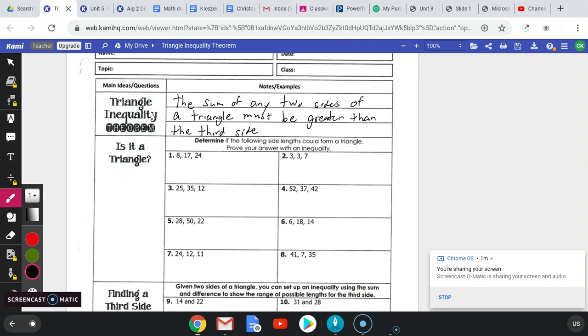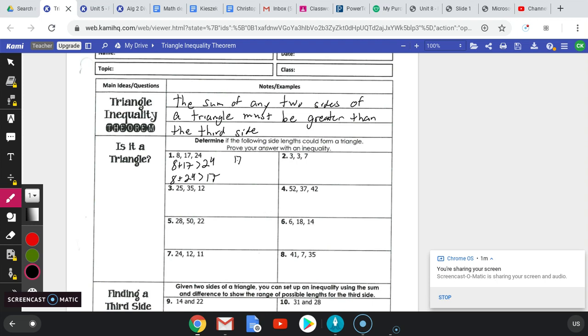So let's look at number one. 8, 17, and 24. Can these three sides be a triangle? In order to figure that out, you would have to see, is 8 plus 17 bigger than 24? Is 8 plus 24 bigger than 17?